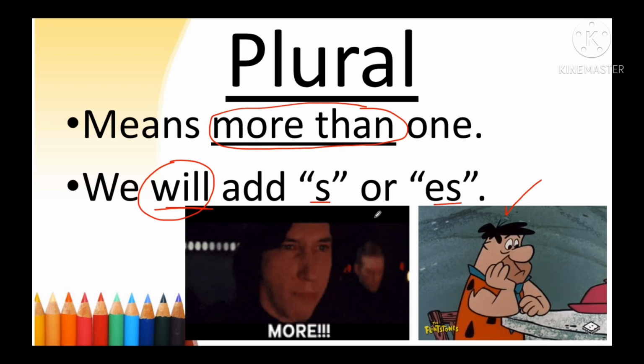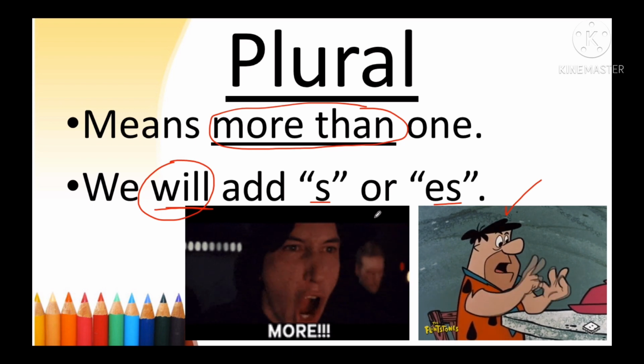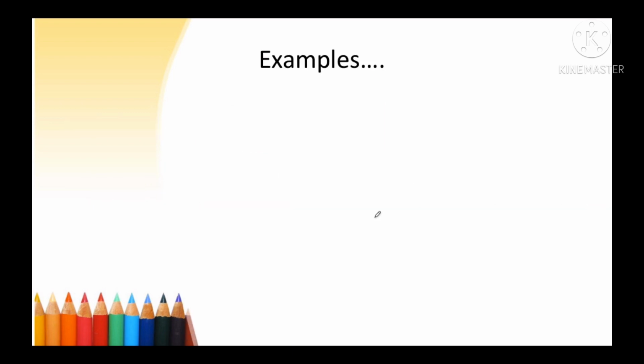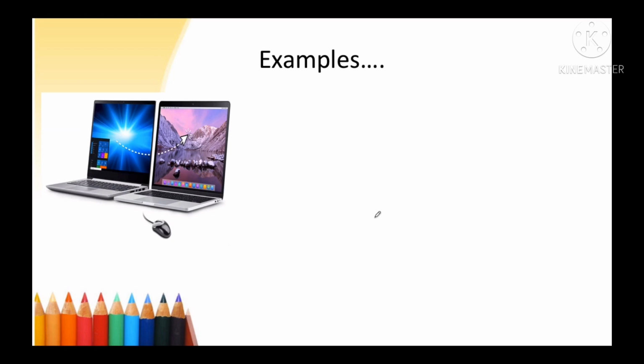Let's see some examples so you can understand this more. Wow, we have two. What do you call these? Since we have two, we need to add S or ES, right?